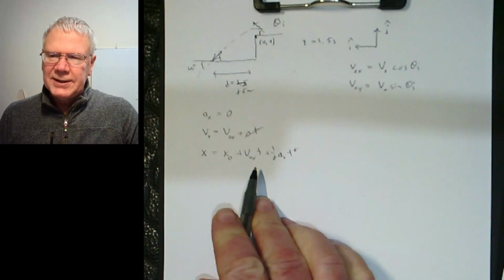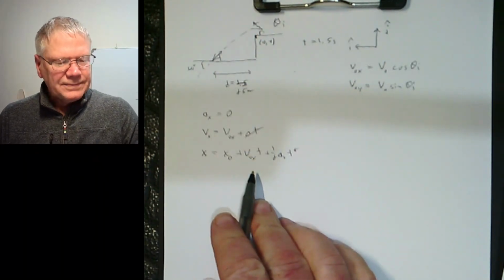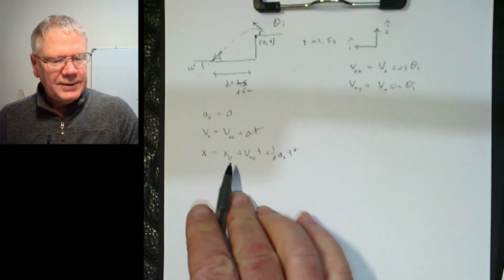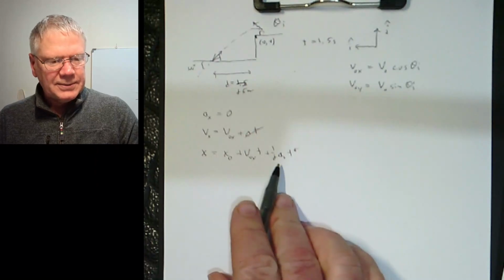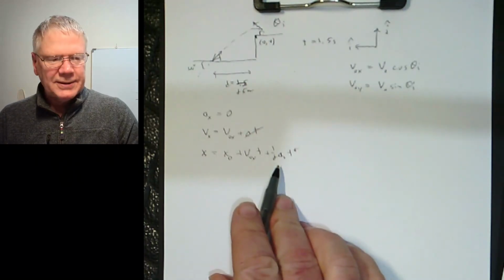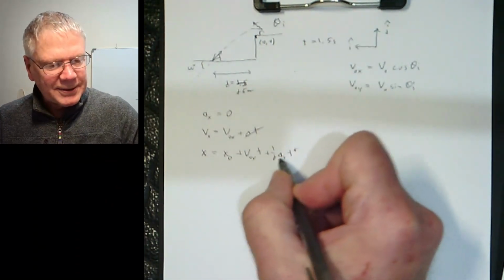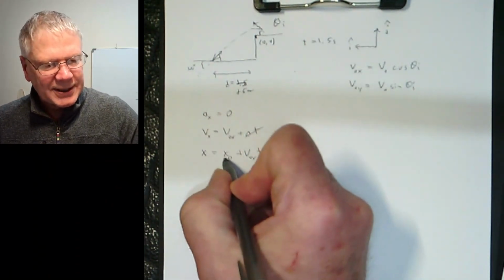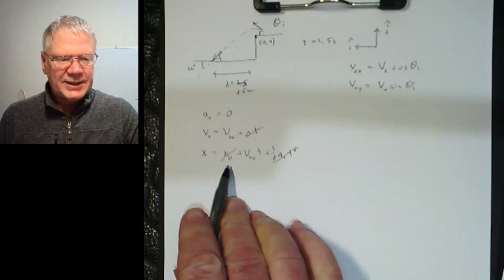I'm going to write this out each time. Sometimes after a while we don't do that, but you can address any kind of problem if you include all these terms. We could have an x acceleration, and we just wouldn't cross that out, that's all. And the math would be harder. In this case, we're going to cross that out, and we're going to set this 0 because of my coordinate selection.